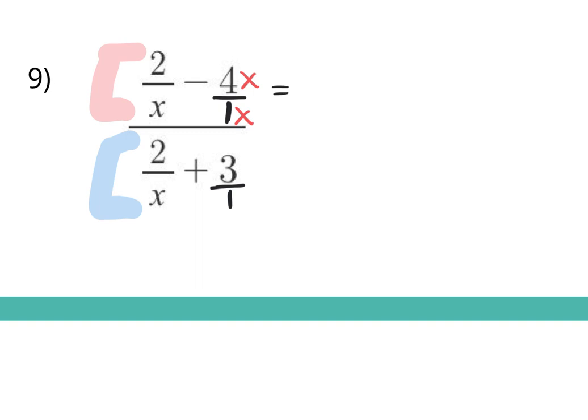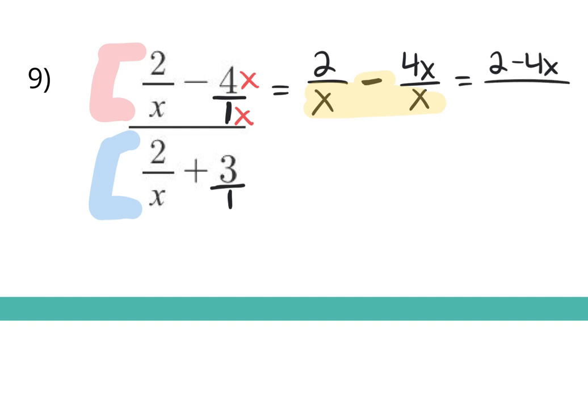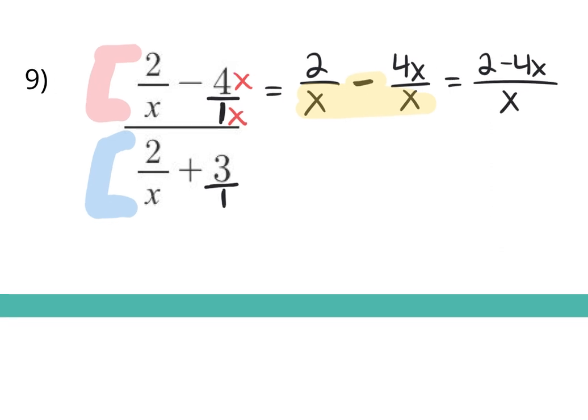So let's do that. I didn't have to do anything with the 2x. I still have a minus sign for x over x. Now that the denominators are the same, I'm allowed to subtract the numerators. Well, 2 doesn't have an x, so the best I can do is write it as 2 minus 4x. And when they are the same denominator with subtraction and addition, it stays the same.